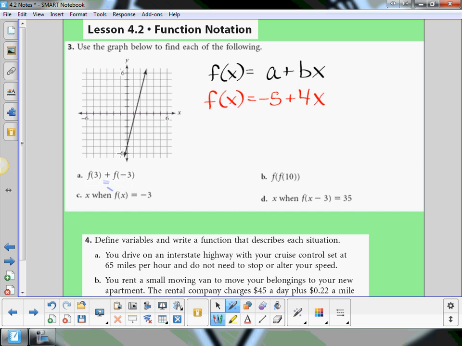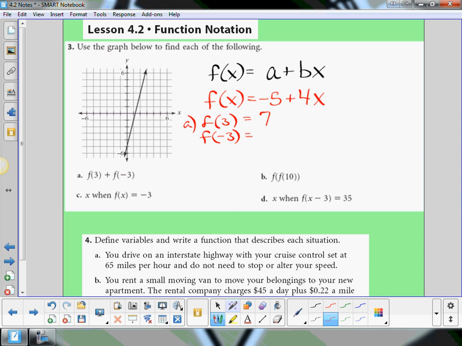All right? So for part A, we need f of 3, and we need f of -3. F of 3 is going to be -5 plus 12, because 4 times 3 is 12, and you get 7.